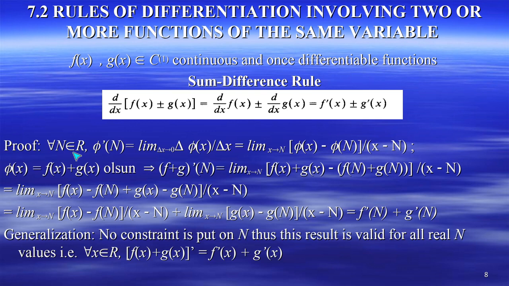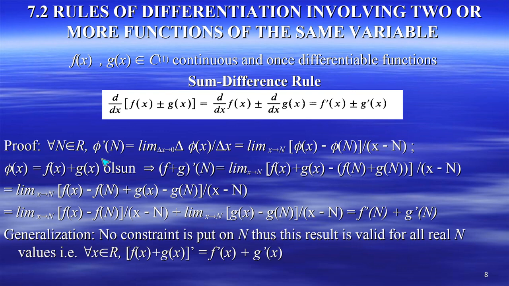For all n in R, which are real numbers, we just invent a function phi of x. You will see why we do it when we replace it with the functions we want.